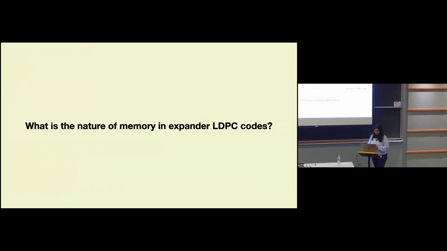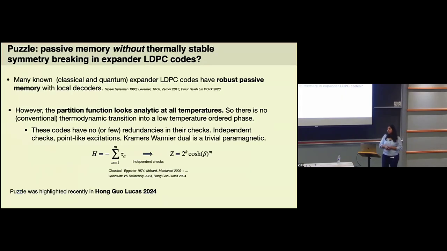Now I want to turn to asking, what is the nature of memory in these expander LDPC codes? Here I want to start with a puzzle. I started by telling you that we tend to think of memory as coming from finite temperature, thermally stable order.